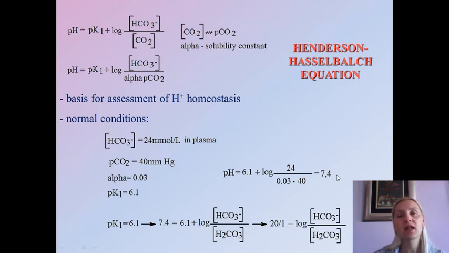Or we can do the opposite. So we can start from the final request. So if we need to have the pH of body fluids at the level of 7.4, and we know that pK for bicarbonate buffer is 6.1, then we can calculate the ratio between bicarbonate ion and carbonic acid or carbon dioxide, and it's 20:1.